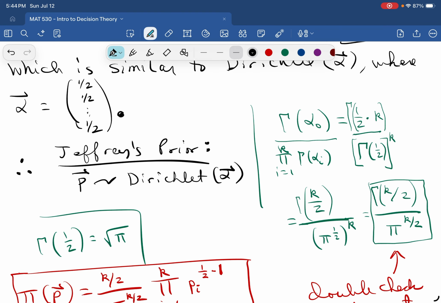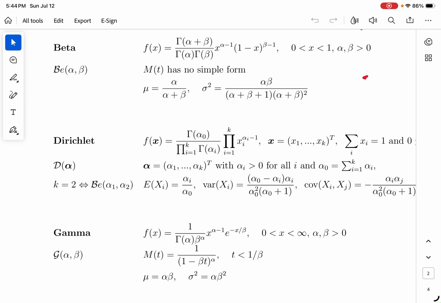And then also we need to recall what is that alpha naught. Notice that the parameter alpha starts with alpha 1 all the way until alpha k. But what is alpha naught? Well, alpha naught is the sum of alpha 1 plus alpha 2 all the way to alpha k.